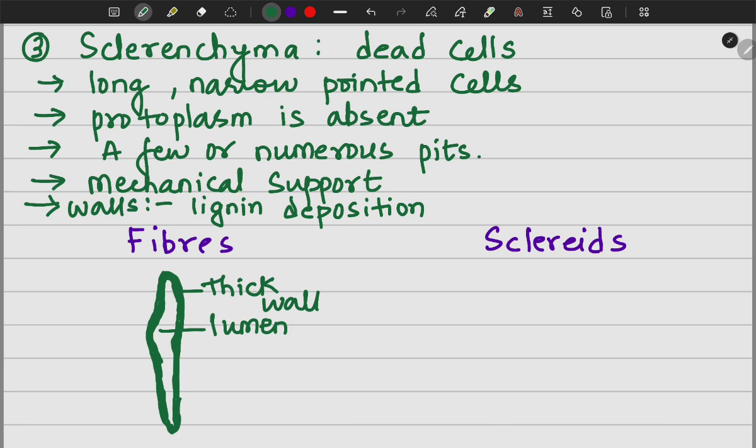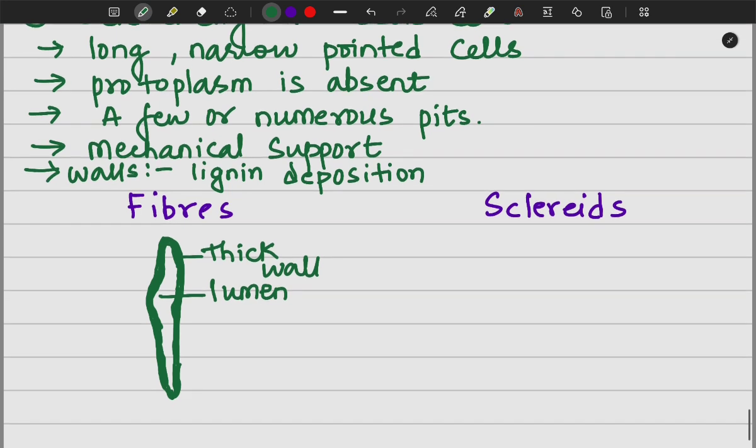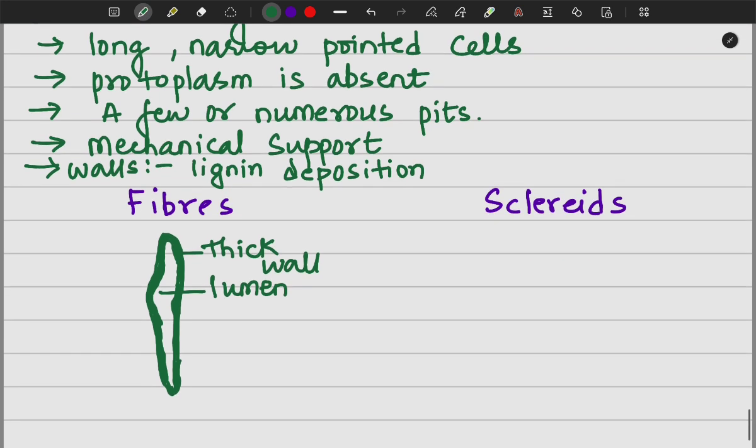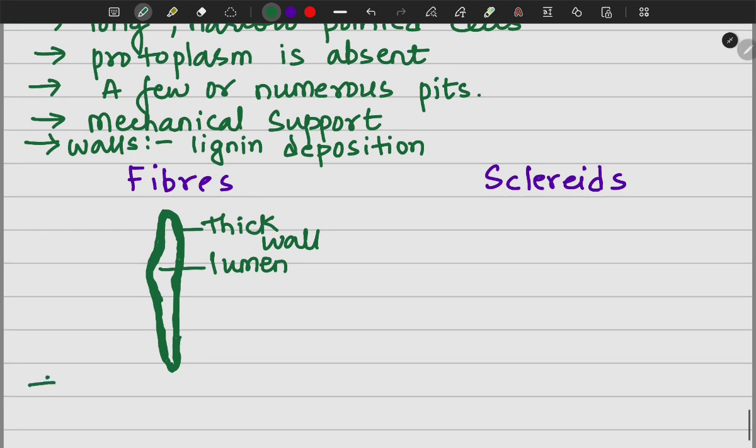Alright, so the thickness of the wall is because of the lignin deposition. So this was about the fiber, the structure of the fiber. Fibers are long, narrow and pointed cells with thickened walls, and fibers usually occur in groups and is found in various parts of the plant.